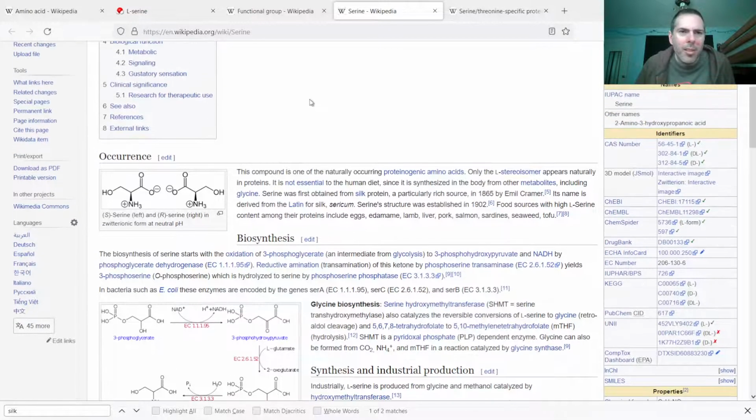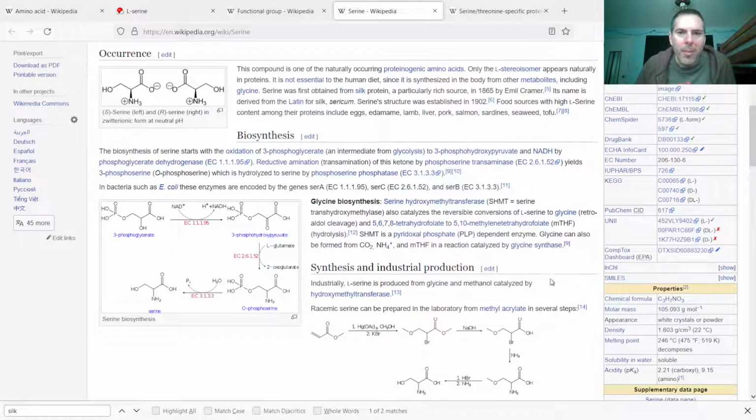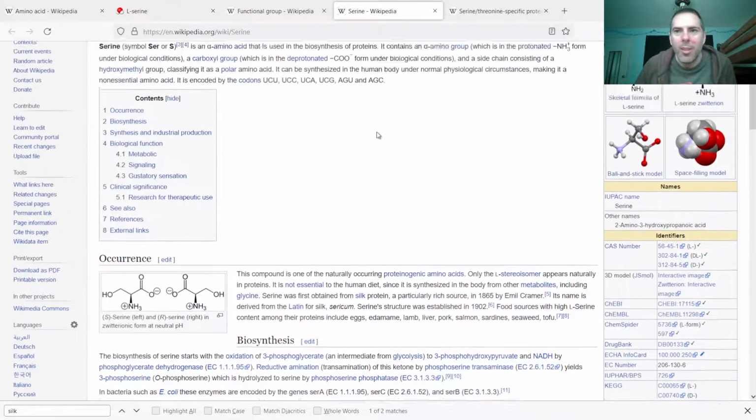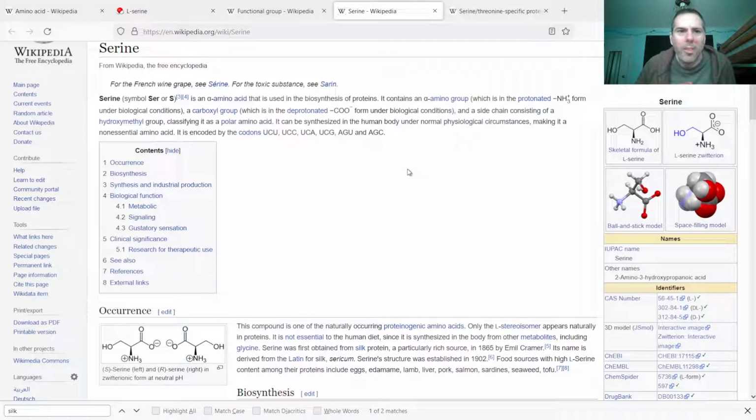And you can see here just a left-handed version and a right-handed version. There appears to be some cell signaling features of the right-handed version, but I believe that the left-handed version is still the only thing that shows up in proteins.